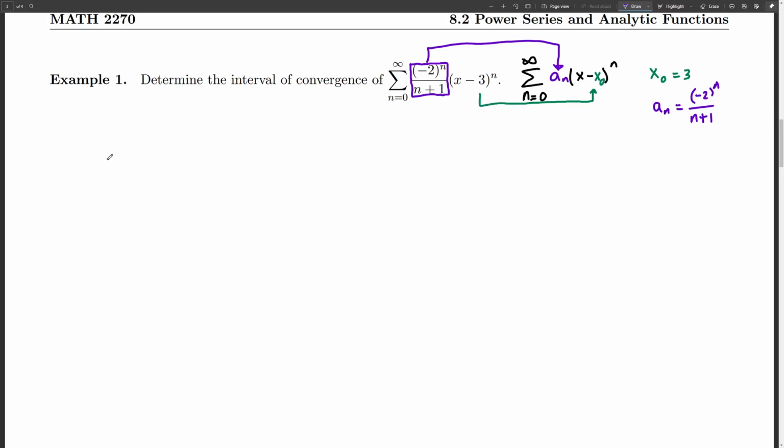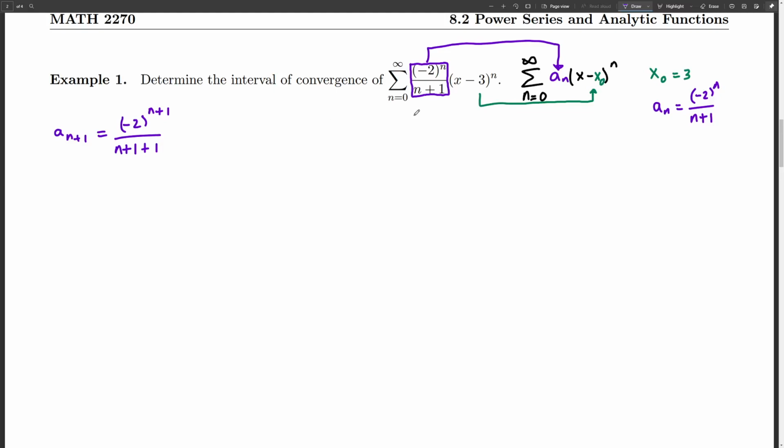So for theorem 2, we need to look at the ratio of a sub n over a sub n plus 1. So let's figure out what is a sub n plus 1. That is -2, and we replace the n by n plus 1, and then divide that by n plus 1 plus 1, which simplifies to n plus 2.